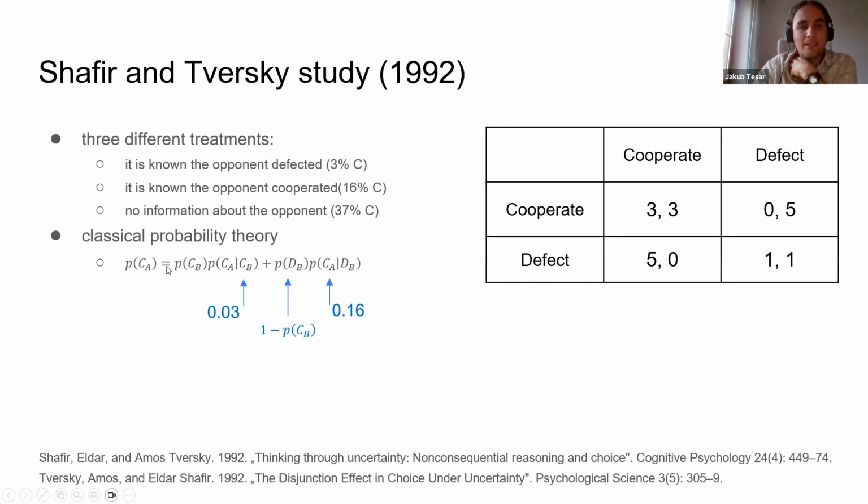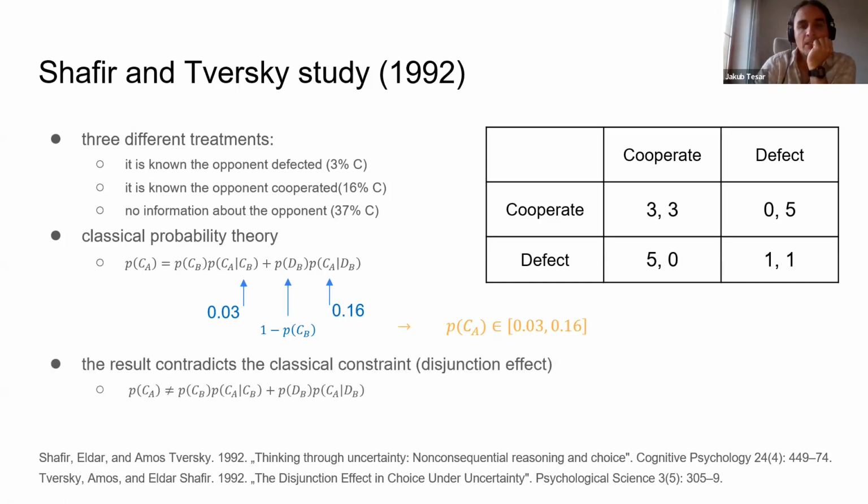You probably see that the total probability according to Kolmogorov theory should stay between those two numbers. So it depends how much cooperation we expect from the other player, but the overall willingness to cooperate should stand within the bounds of these two numbers from the two treatments.